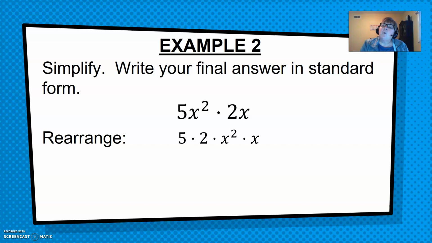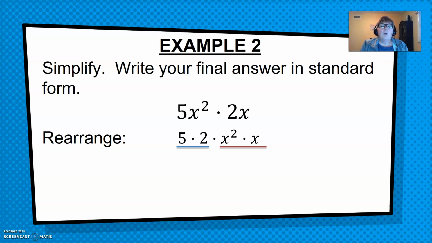And I'm going to multiply the things that are alike, so the 5 and the 2, and then the x squared and the x. Now remember, if there's an x and it doesn't have an exponent, that exponent is 1. We don't write the 1, but it is a 1 that's there.